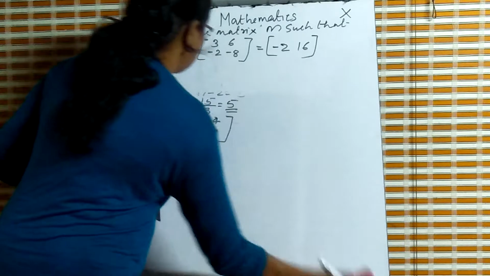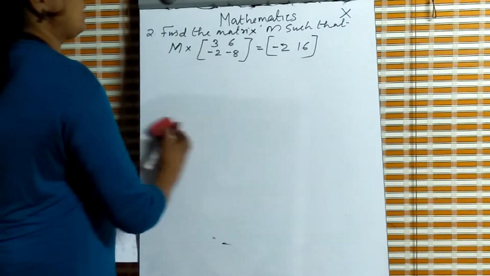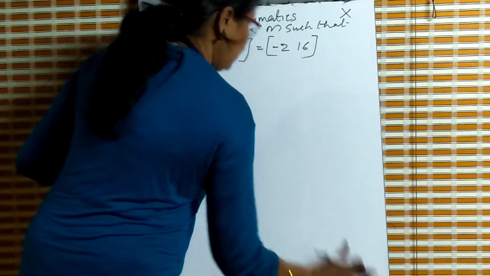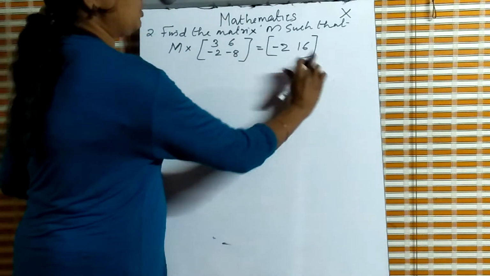The question is to find the matrix M such that M into a matrix is equal to another matrix.